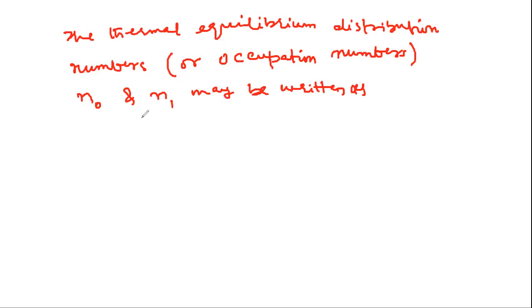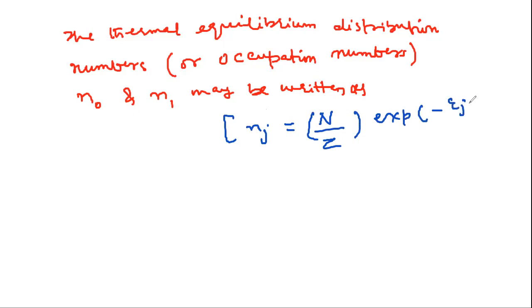Before writing them, let me refresh your memory. When we discussed the Boltzmann distribution, that was this expression: N J is equal to N over Z times exponential of minus epsilon J by kT.